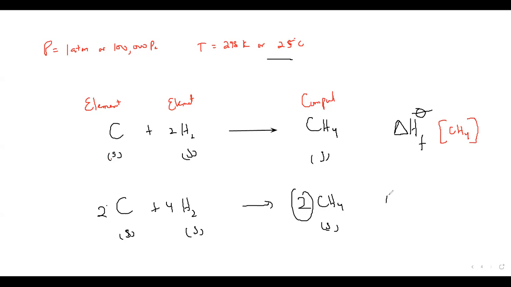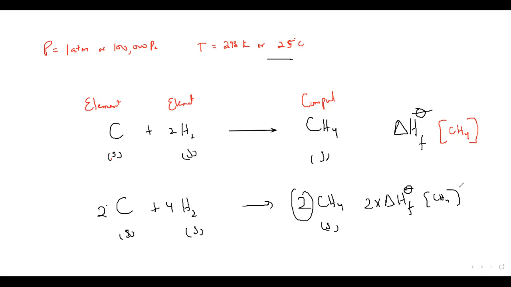So what we write is the standard enthalpy change of formation of methane, but because that refers to 1 mole and here 2 moles are formed, it will be multiplied by 2. So this enthalpy change or energy change is the standard enthalpy change of formation of methane multiplied by 2, because 2 moles of methane are formed.